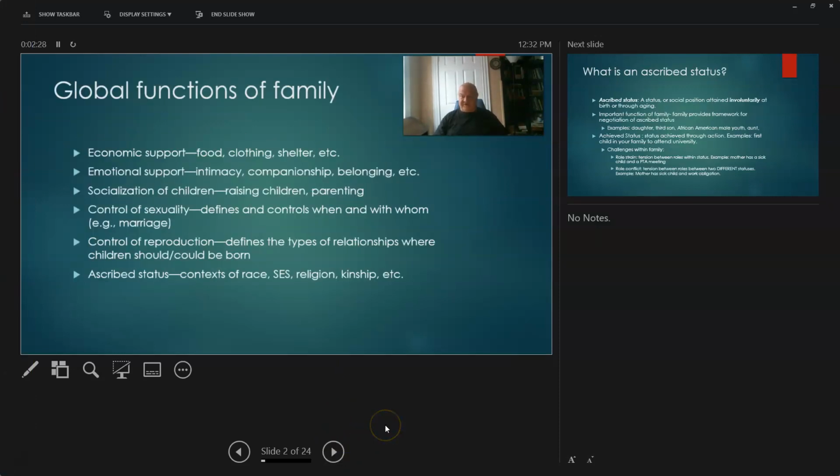So let's look at some of the global functions of the family. I've been grading your papers, and many of you have, I think, correctly identified this from the readings. We look at families not in terms of incumbents, whether they're children or not, or mom and dad. Sometimes there's two dads or two moms, right?